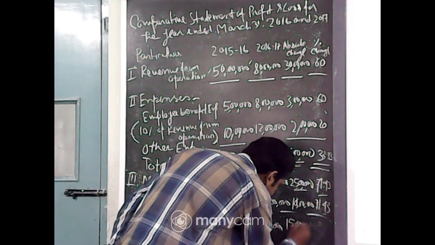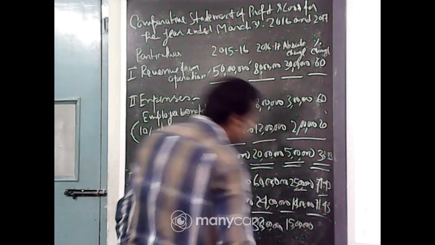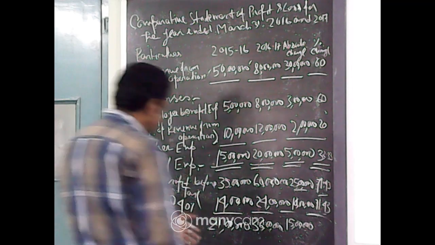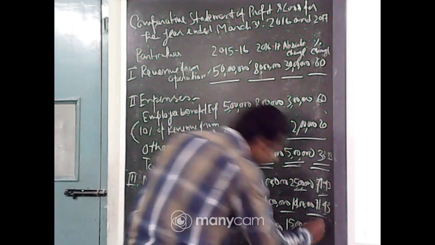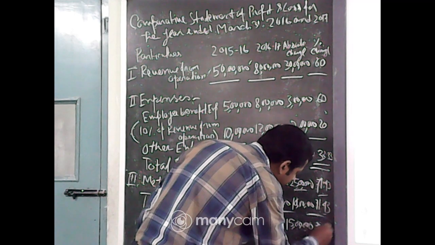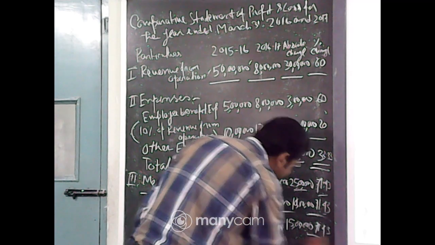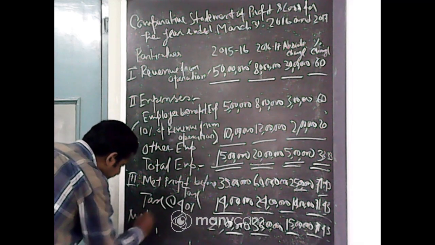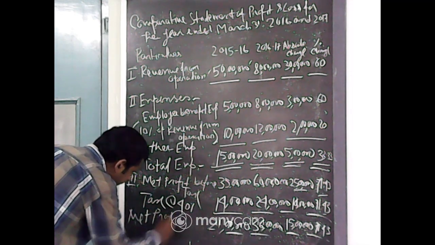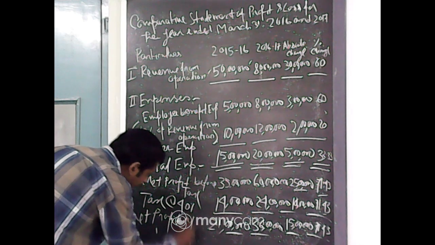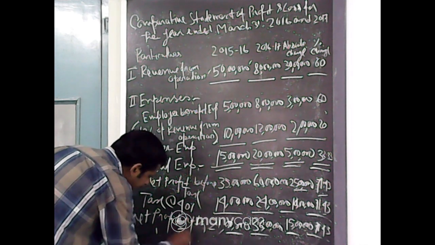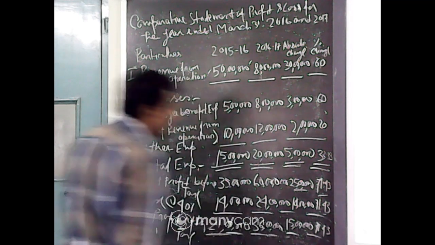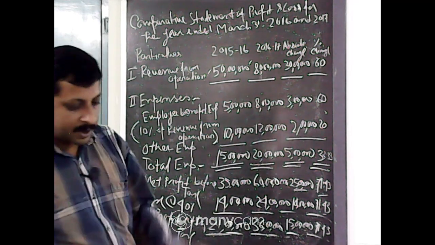The change in percentage is 15 lakh divided by 21 lakh, that is 71.43% again. So this is the net profit after tax, and this is how we will do the comparative profit and loss statement.